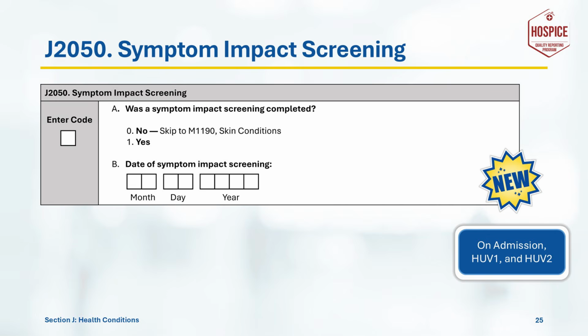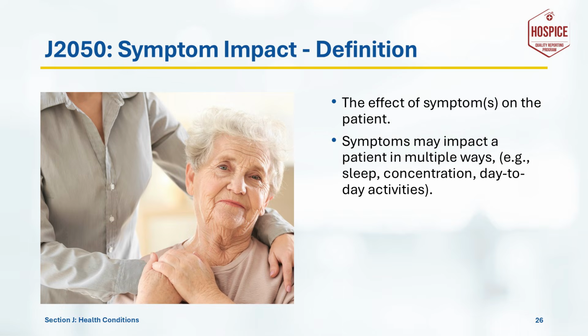J2050 symptom impact screening is collected on admission at HUV1 and HUV2. This item asks the clinician if the patient was screened for the impact of symptoms. If the screening was done, the clinician would add the date. Symptom impact is defined as the effect of symptoms on the patient.